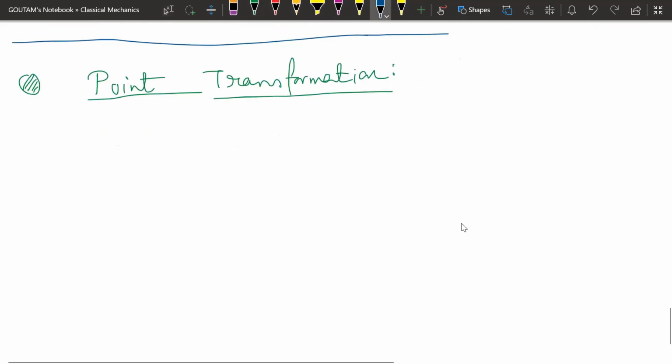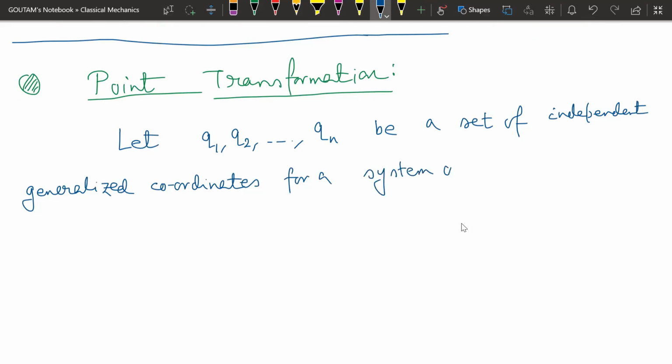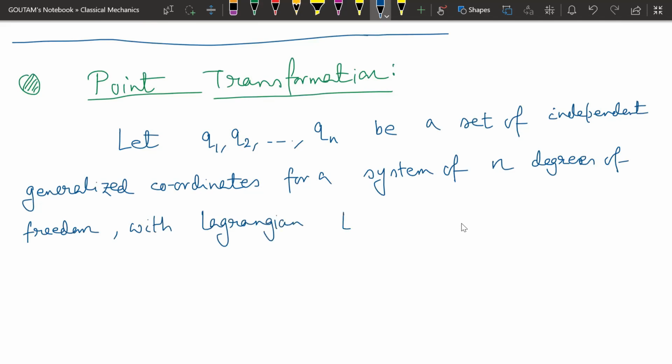The point transformation is defined as: let q1, q2, dot dot dot qn be a set of independent generalized coordinates for a system of n degrees of freedom, with Lagrangian L, which is a function of q, q dot, and t.